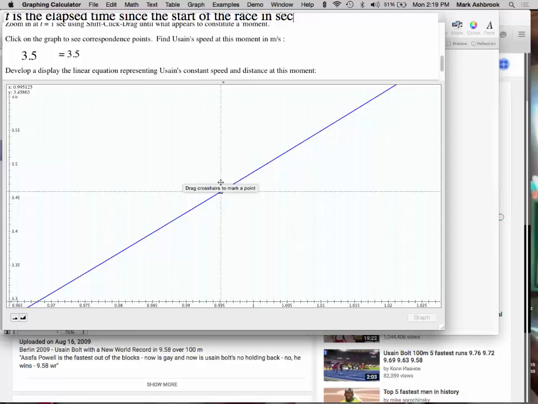We have those two corresponding points. How will we find his speed at this moment? Yep, it'd be the change in his meters divided by the change in his time, and then we could convert that to miles per hour, and we would get 13.59.